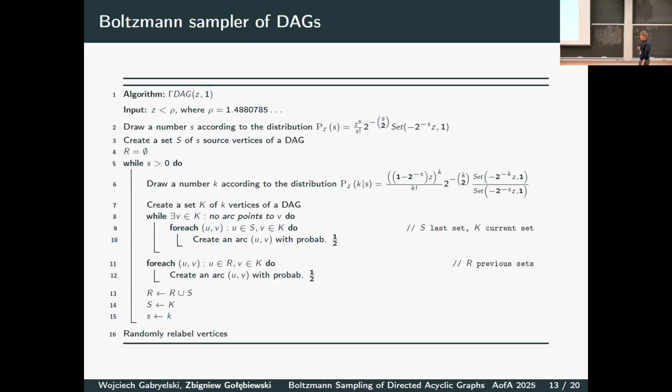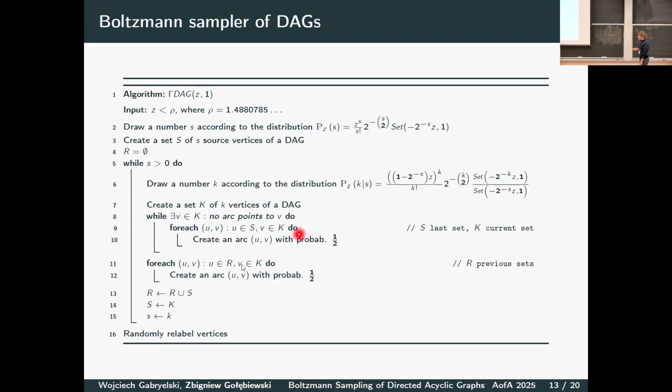After creating the next set, we also have to create the arcs from the previous set to this one, which are given in such a way that, first of all, an arc is created with probability 1/2. It comes from these formulas, but also, if we think about two consecutive sets, we have to take care that every vertex in the current set is pointed to by at least one edge from a vertex in the previous set.